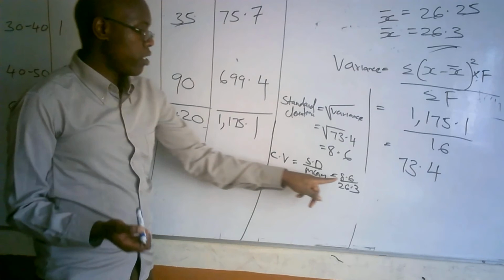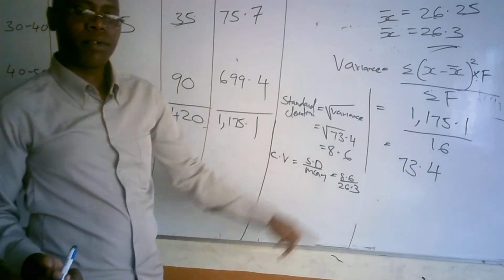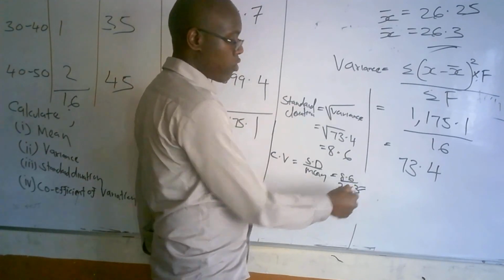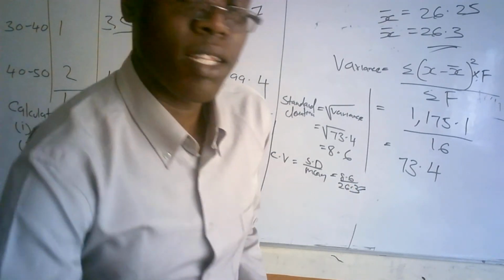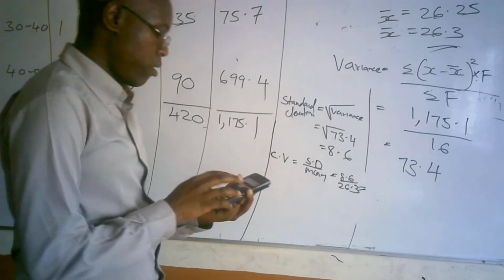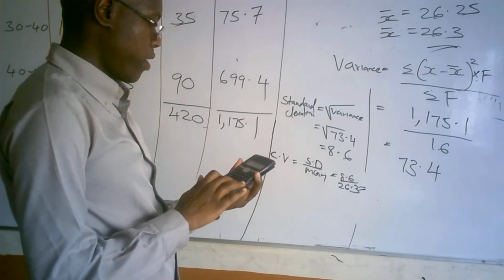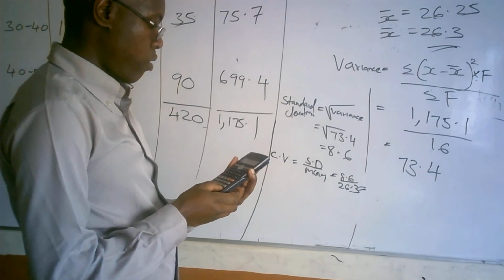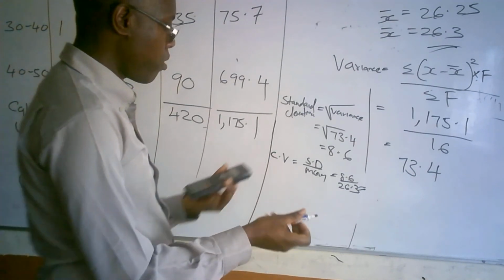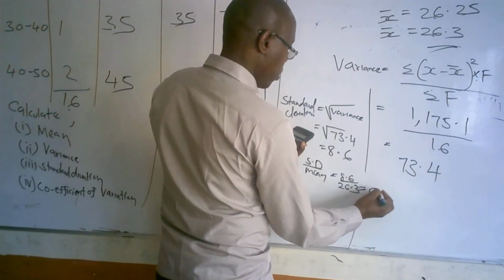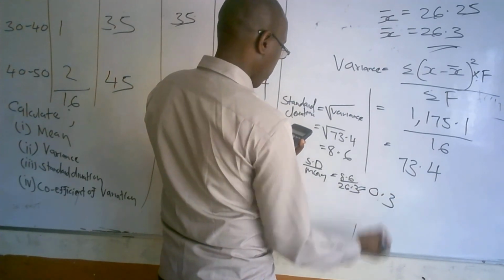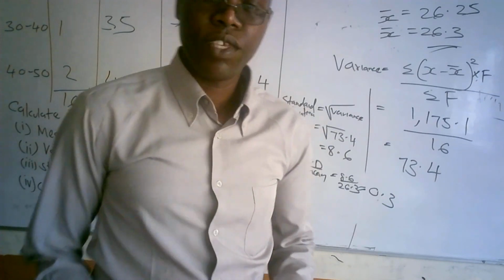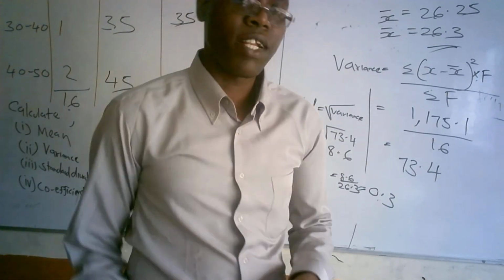So you take 8.6 divided by 26.3, then you have your coefficient of variation, and the answer there is going to be 0.3. That's your coefficient of variation.